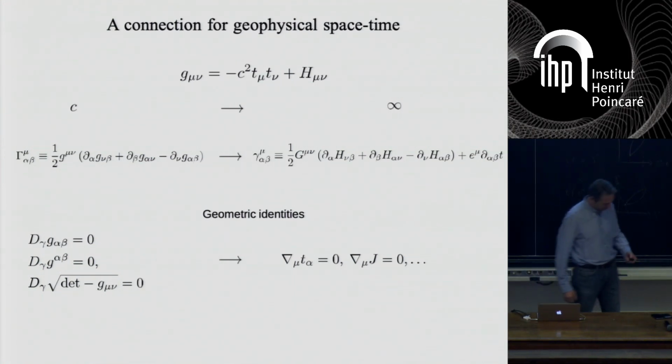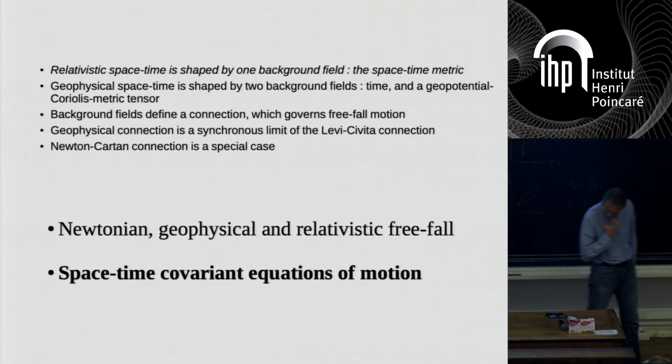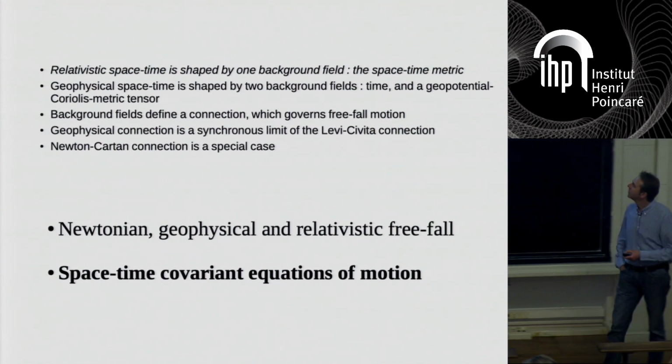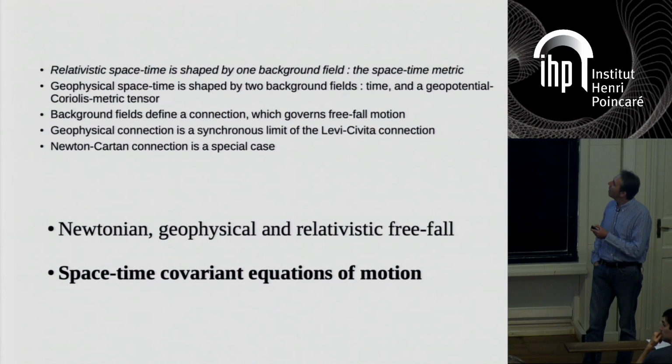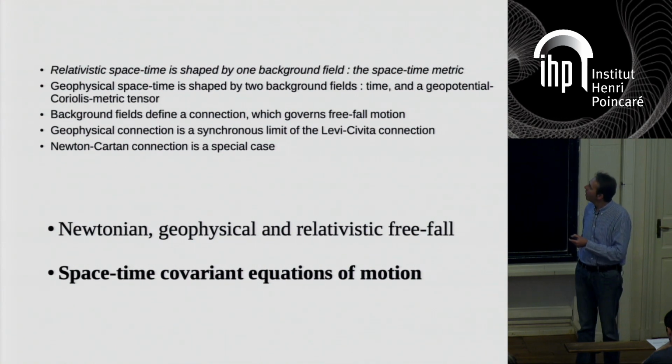Okay, so if I summarize where I am now, I have, of course, this was known before, right? Relativistic spacetime is shaped by one background field, which is the spacetime metric. And similarly, we can say that the geophysical spacetime is shaped by two background fields.